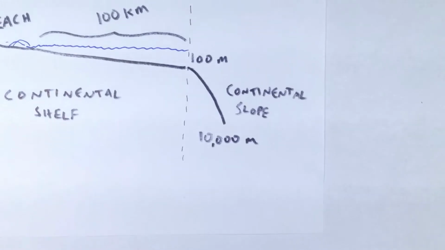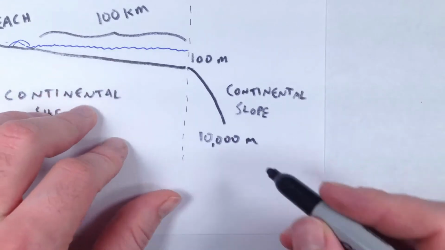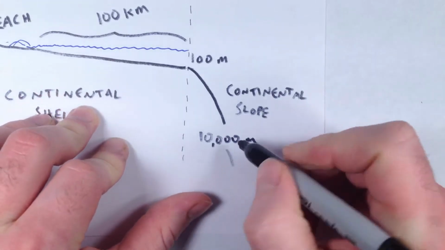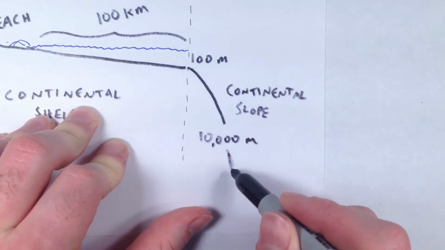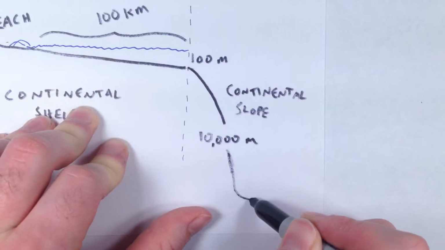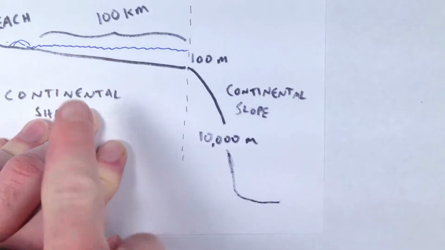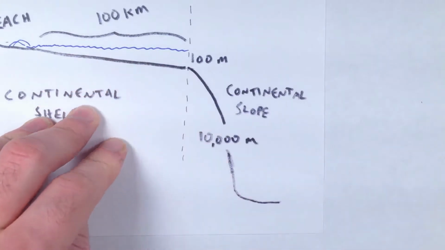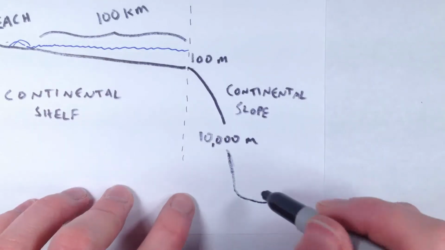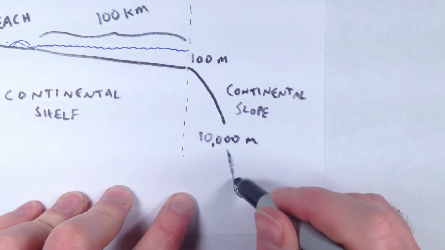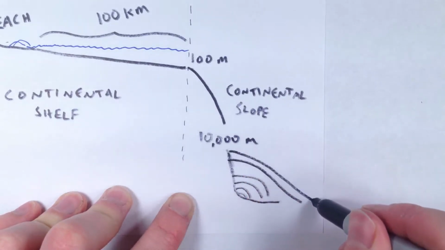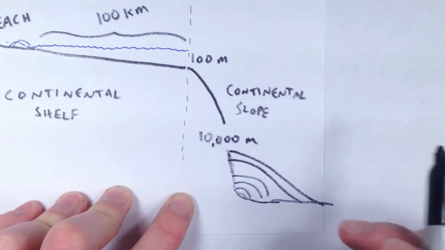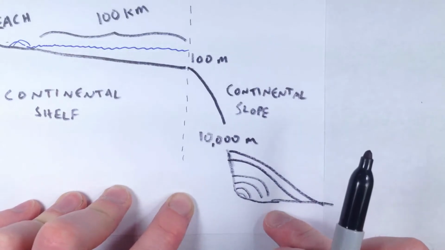So continuing on like this, we've got our continental slope that is leading us down quite far. Now, ordinarily, this continental slope might have a sharp edge at the bottom, but in fact, there's a lot of erosion that carries sediments down the continental slope, and that means that a whole bunch gets built up here. And so you end up with this much more gradual thing here.